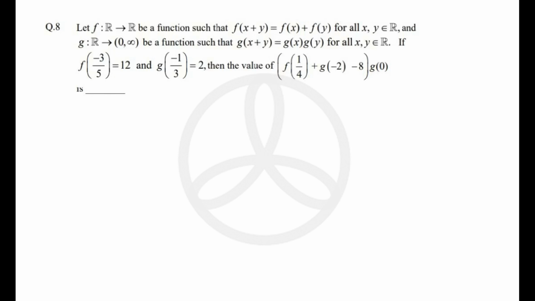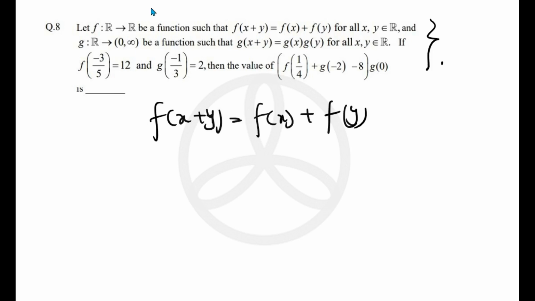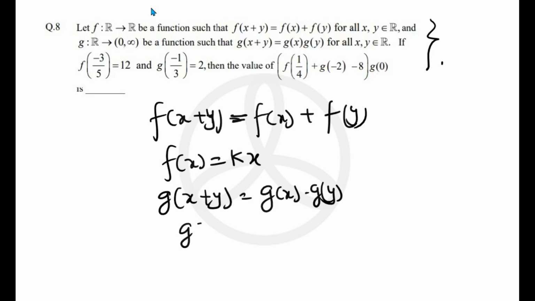So now we will attempt question number 8, which is based on functions, and there are two conditions given here. A function which satisfies this particular equality can be written as f(x) is equal to kx. Similarly, a function which satisfies the other can be written as g(x) is equal to a to the power x.